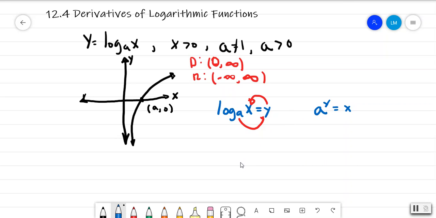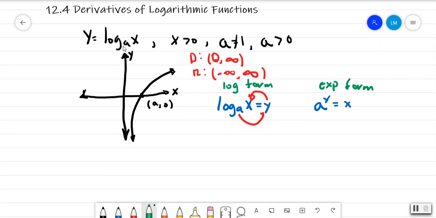So essentially, this is our log form, and this is our exponential form. Interestingly enough, you can do the same thing with numbers, like 3 to the 4th equals 81. It's just notation.